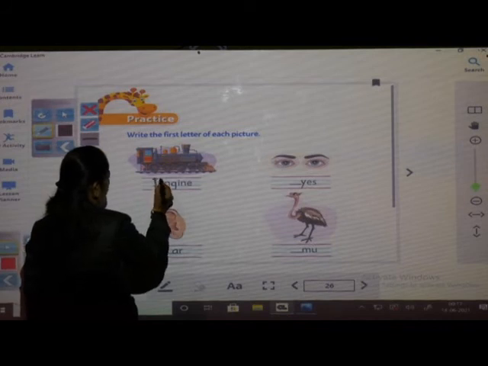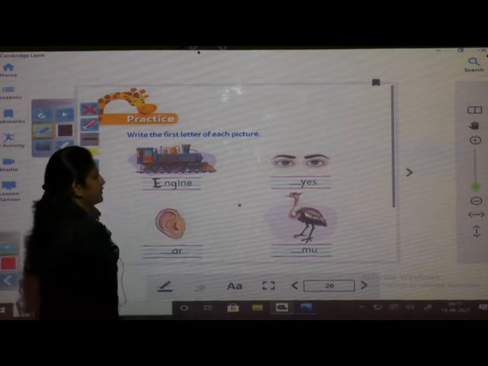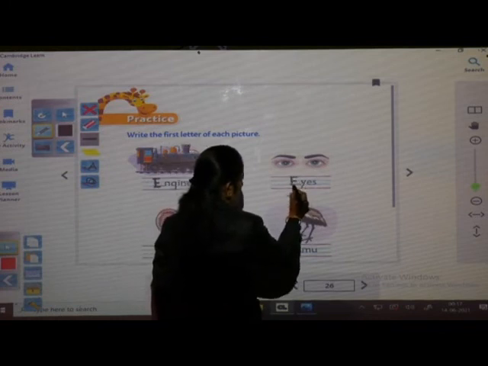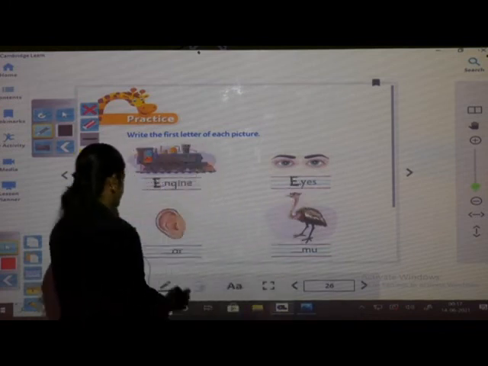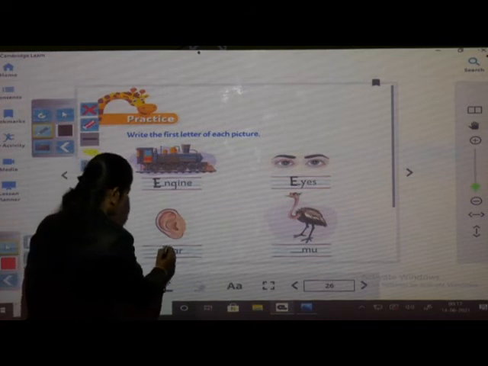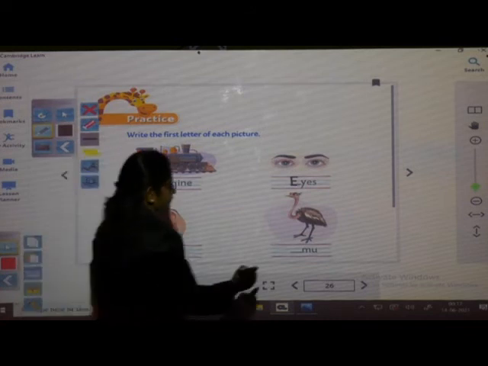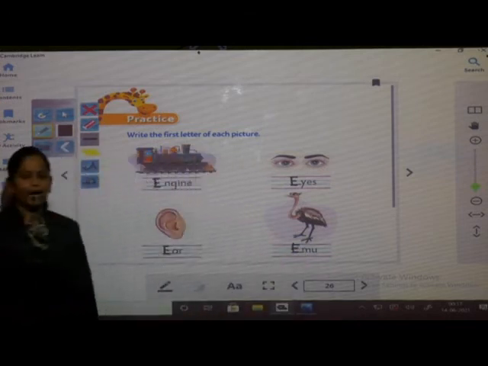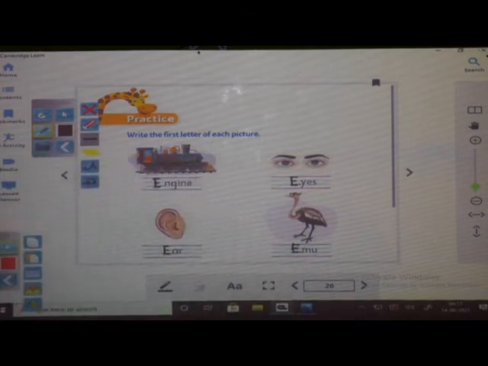Here you have to write capital letter E. Engine. Eyes, ear, emu. You have to write capital letter E and complete this page. Okay?